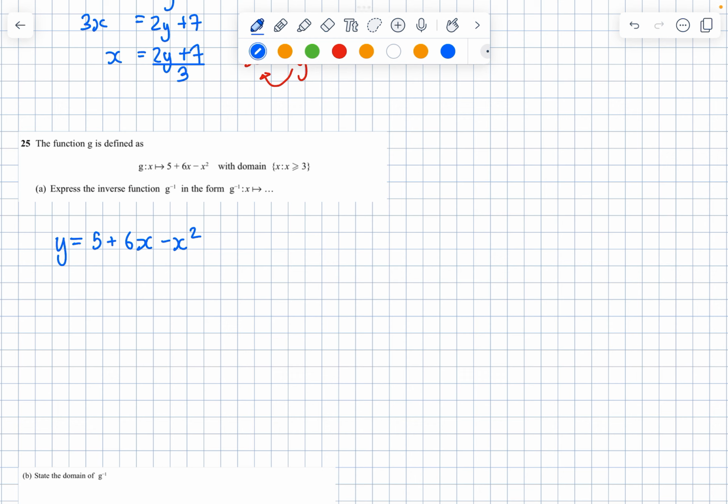But because it's a quadratic, that's difficult. So I'm going to use the completing the square form to do it. So I'm going to do y equals 5 minus 3 minus x all squared.